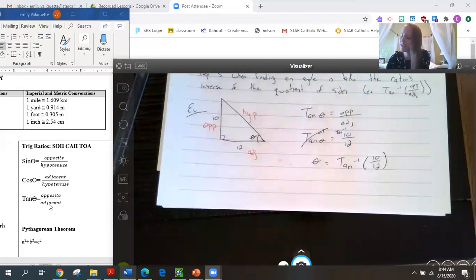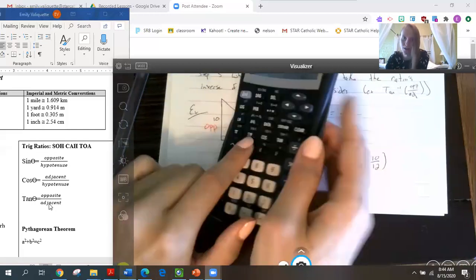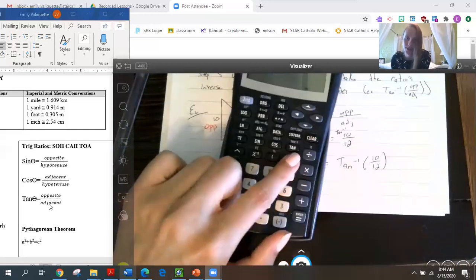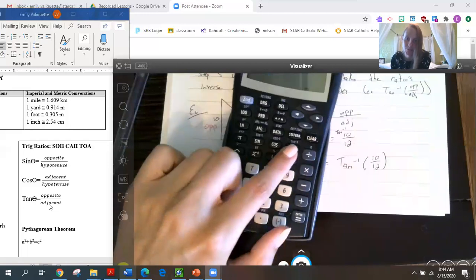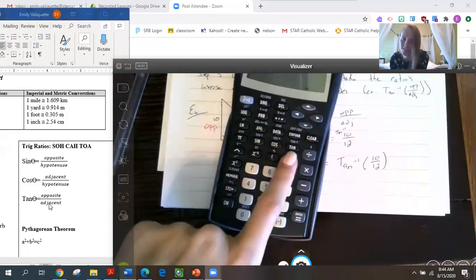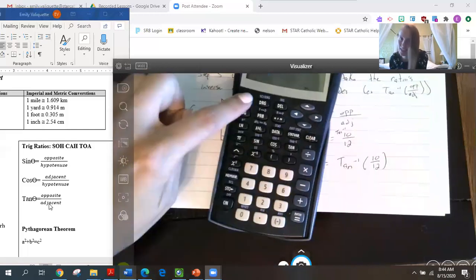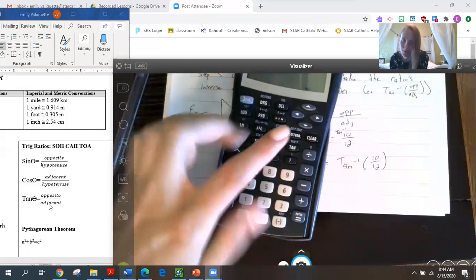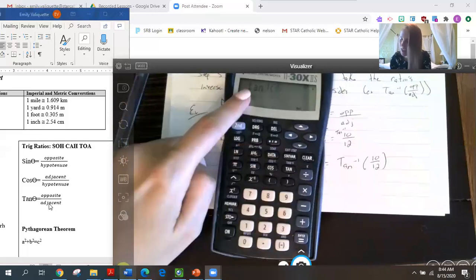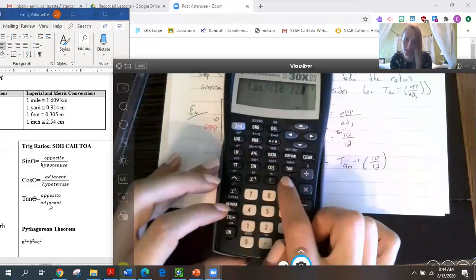So on your calculator, you might see that you have a sine, a cosine, and a tangent button. And then above the tangent button is our tan inverse. Above all of these ratio buttons are the inverse. So I'm just going to go second tan, which gives me my tan inverse, and then plug in the 10 divided by 12, like so.